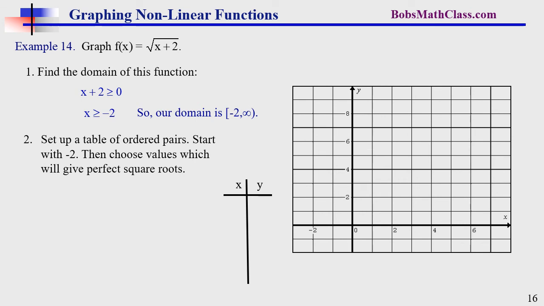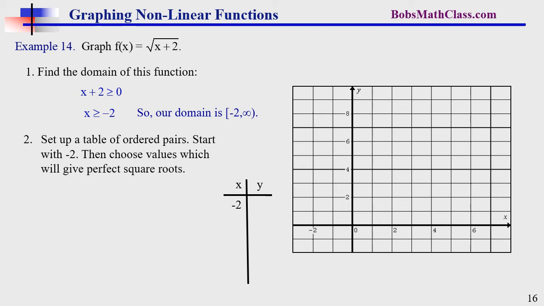So we're going to set up some ordered pairs. Start with -2. This is where you kind of have to be clever. You have to pick numbers that are bigger than -2 and that would result in a perfect square root. So think about the perfect square roots: 1, 4, 9, 16.